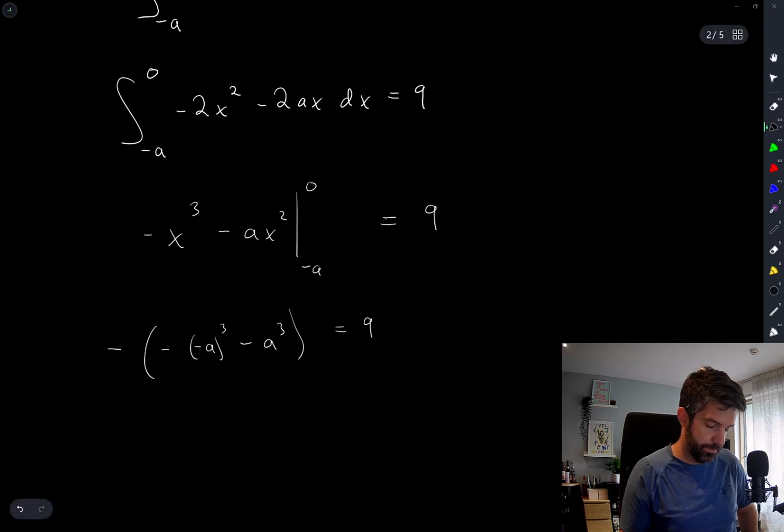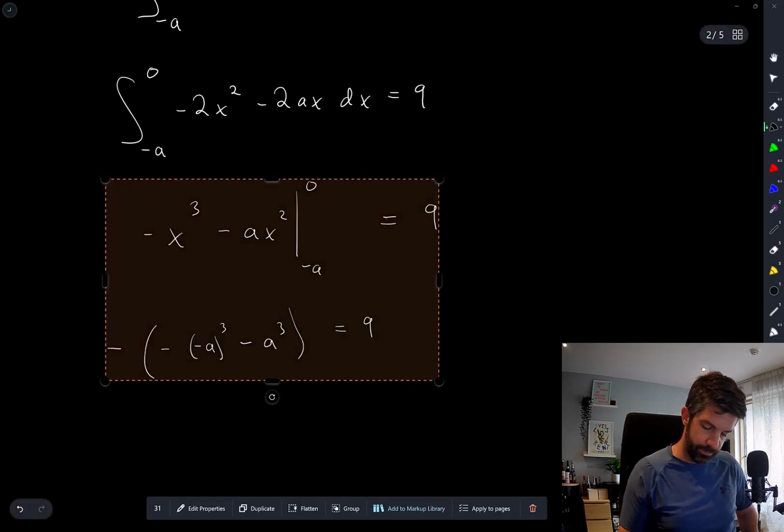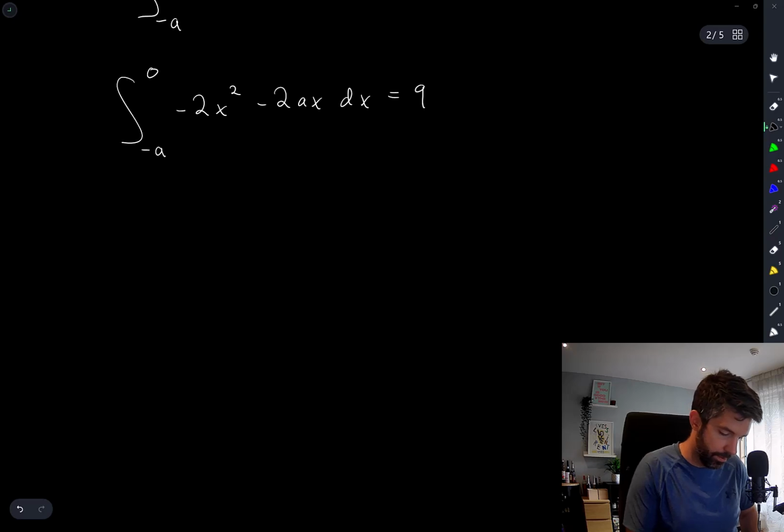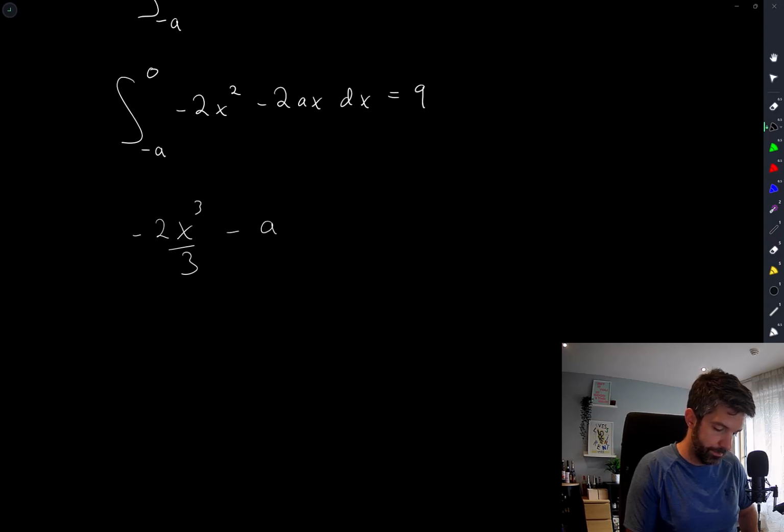I'm sure some negative signs got screwed up there. Okay, hold on. Also my antiderivative was wrong. It's negative 2 x cubed over 3 minus ax squared, evaluated at negative a and 0, is equal to 9.